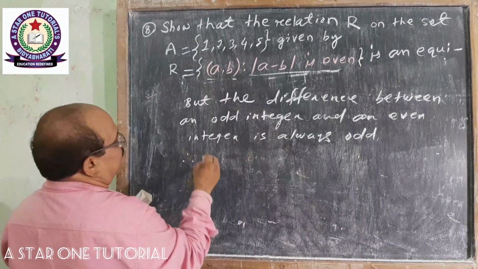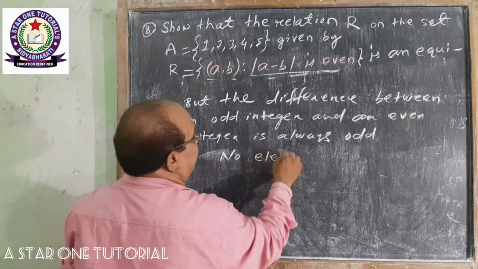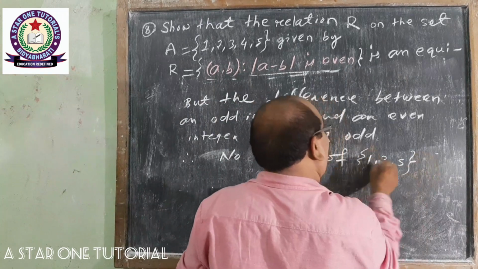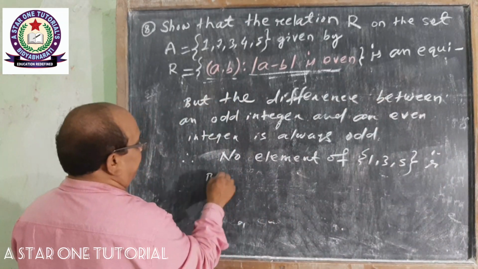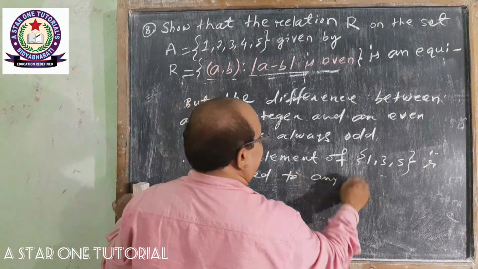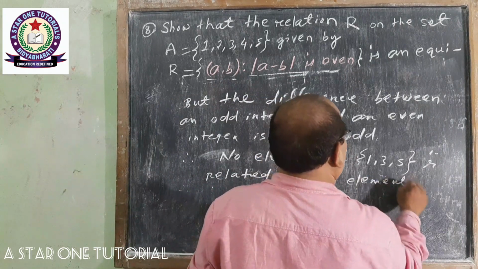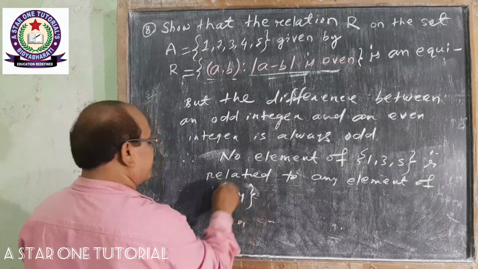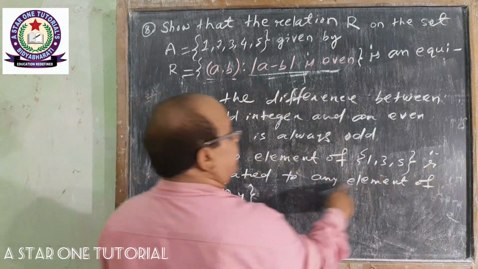Therefore no element of the set {1, 3, 5}, the set containing odd integers, is related to any element of the set {2, 4}. Okay, no element of the set {1, 3, 5} is related to any element of the set {2, 4}.